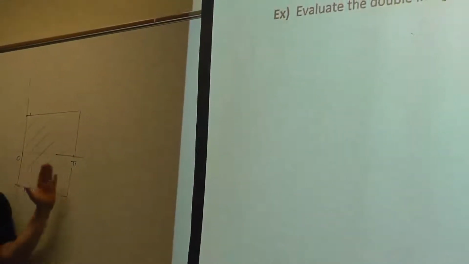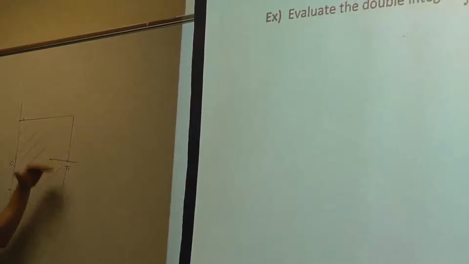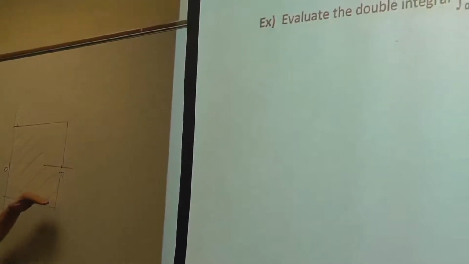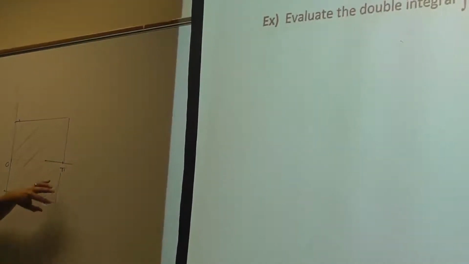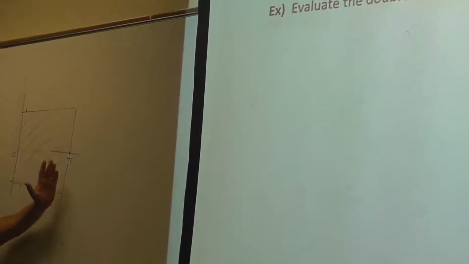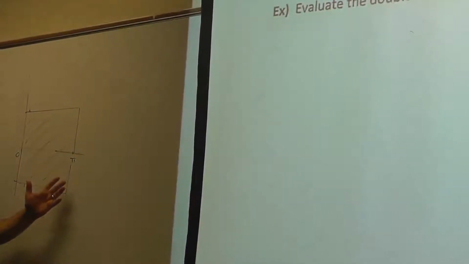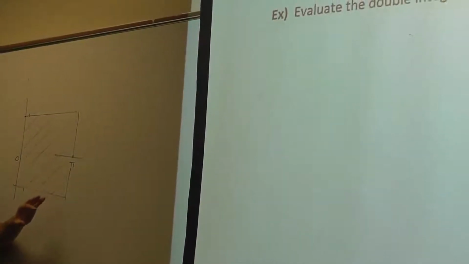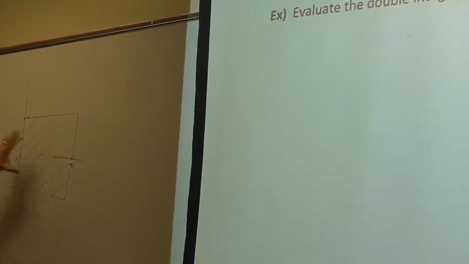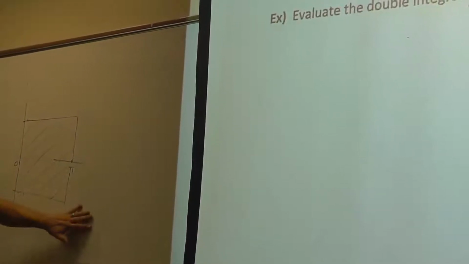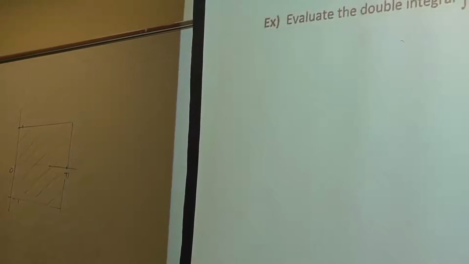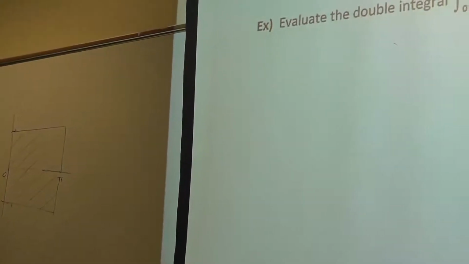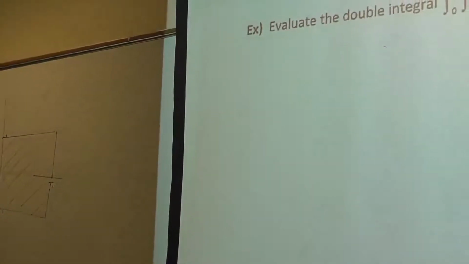Because the x values are positive, but the y values are negative. So the 2xy term gives you negative output here, and when you're closer to the pi side, cosine's also giving you negative outputs. So yeah, this function does actually breach the xy plane. It has positive outputs and negative outputs on this rectangle. So it doesn't represent a volume like the first problem, okay? Now I'll show you the picture.